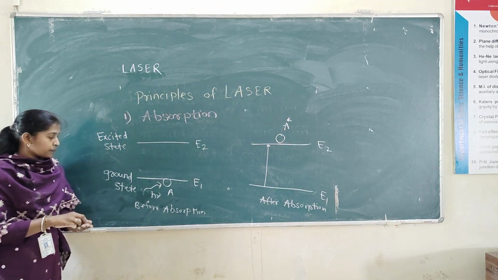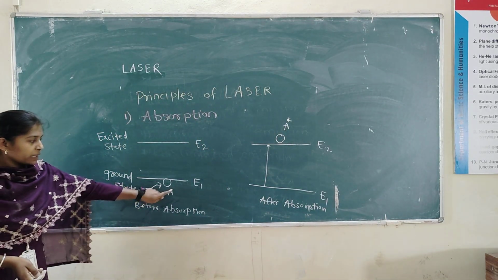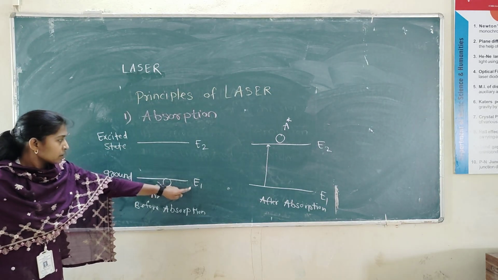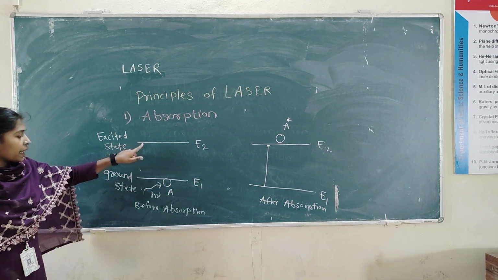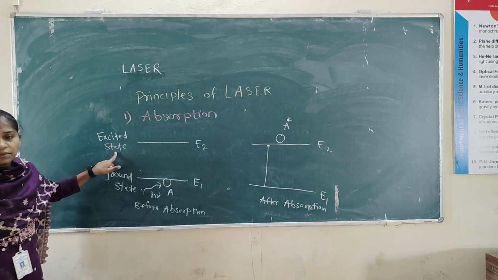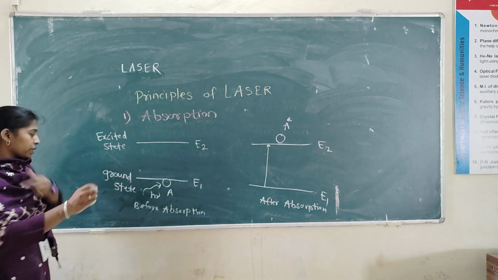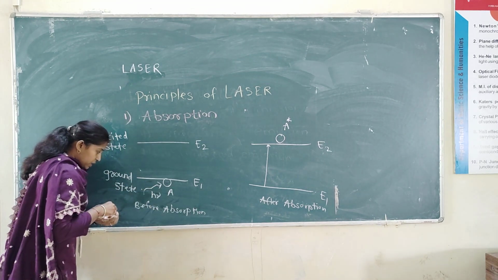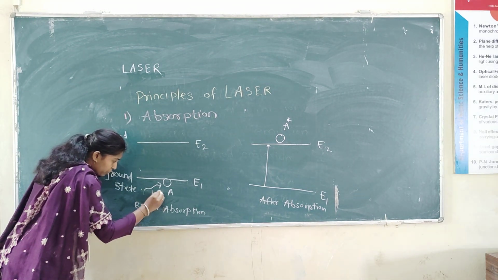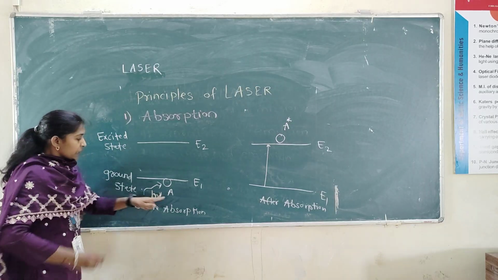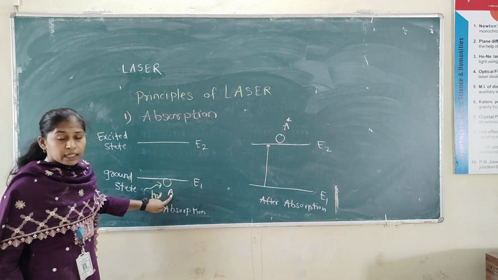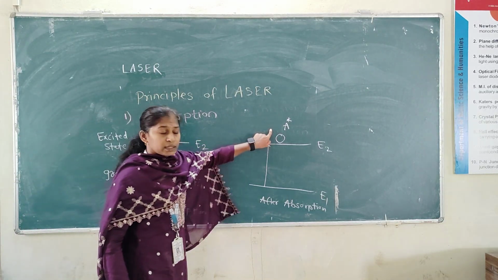Consider initially atom A in the lower ground state E1, which has lower energy, and E2 is the excited state, meaning higher energy. When the atom in the ground state absorbs the energy of a photon h mu, it can jump into the higher excited state.